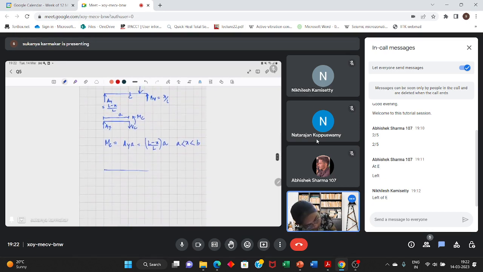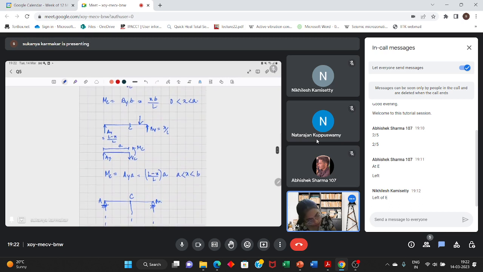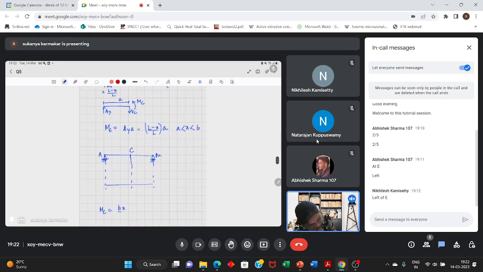So this is the beam, A and B. This is point C. The moment at C is equal to bx by L when x varies between 0 to a. So when x is equal to 0, it's 0, and when x is equal to a, it is equal to ab by L. What is L?